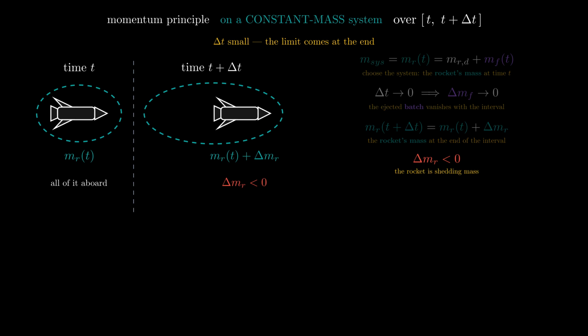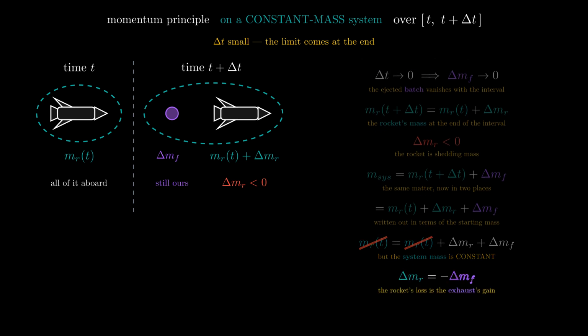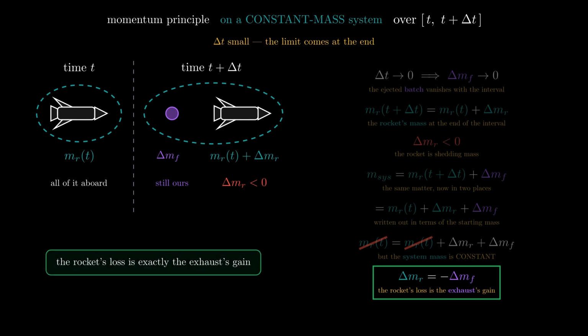The ejected batch, delta m sub f, flies free behind it. Add the pieces: the system's mass at t plus delta t is m sub r of t plus delta m sub r plus delta m sub f, but the system's mass is constant. It still equals m sub r of t. So m sub r of t cancels, and delta m sub r equals minus delta m sub f. The rocket's loss is exactly the exhaust's gain.